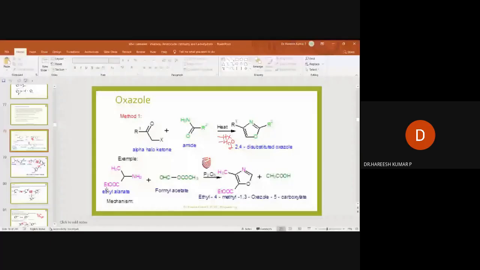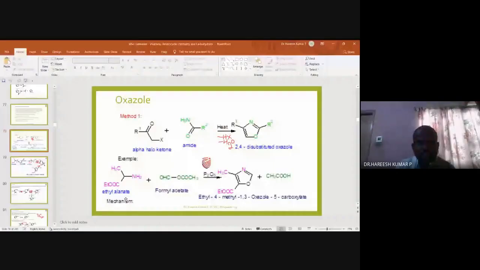You can observe that this is an amino group, this is a methyl group, and this is a carboxylate, ethyl carboxylate. Then what is the name of this compound? Ethyl alanate. Alanate means that in place of the ethyl group, if it is a hydrogen, then it is called alanine. Alanine is an amino acid. If alanine is esterified, then ethyl alanate is the product.